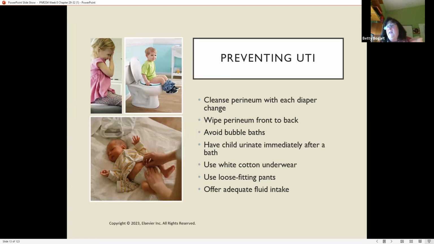But that and polyester cute underwear, it doesn't let the perineal area breathe. Ideally, white cotton underwear is the best choice for children, girls especially, and pants that are not so tight that they don't allow it to breathe. And then always increase fluid. Make sure they're drinking.